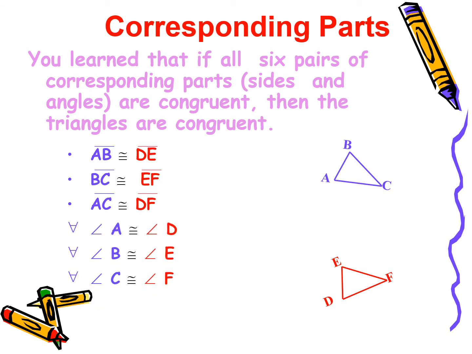Angle A must be congruent to angle D, angle B to angle E, and angle C to angle F. Then we say that triangle ABC is congruent to DEF. Look at the symbol of congruency.